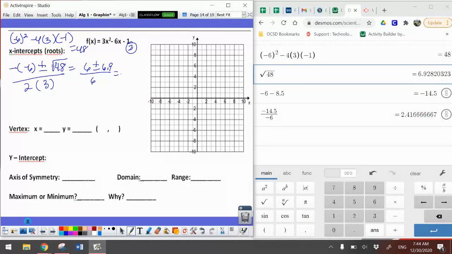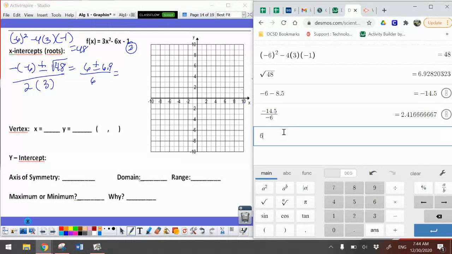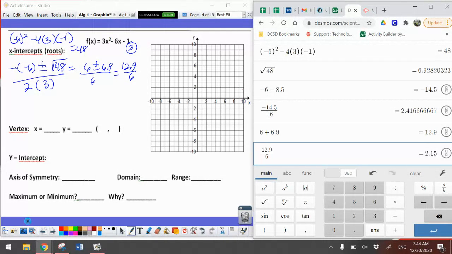Okay, and again, we're just adding and subtracting those numbers. So 6 plus 6.9 is 12.9 divided by 6. So 12.9 divided by 6 is going to give me 2.2.